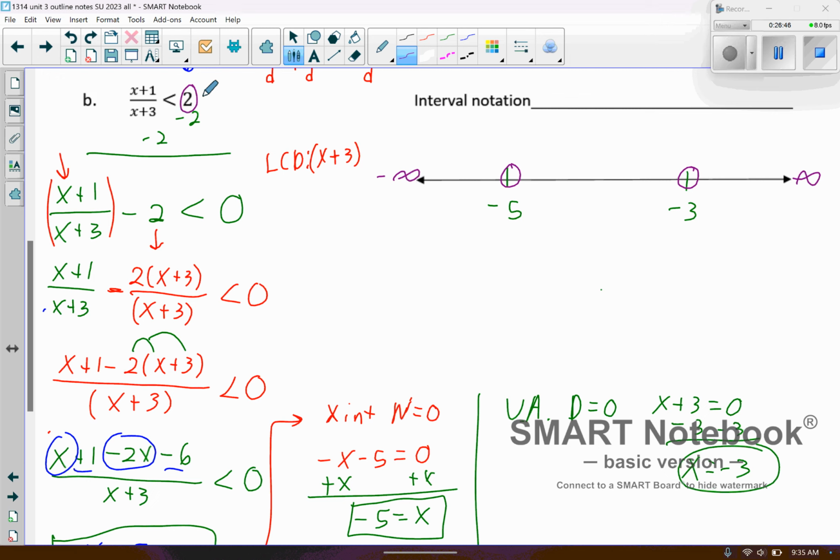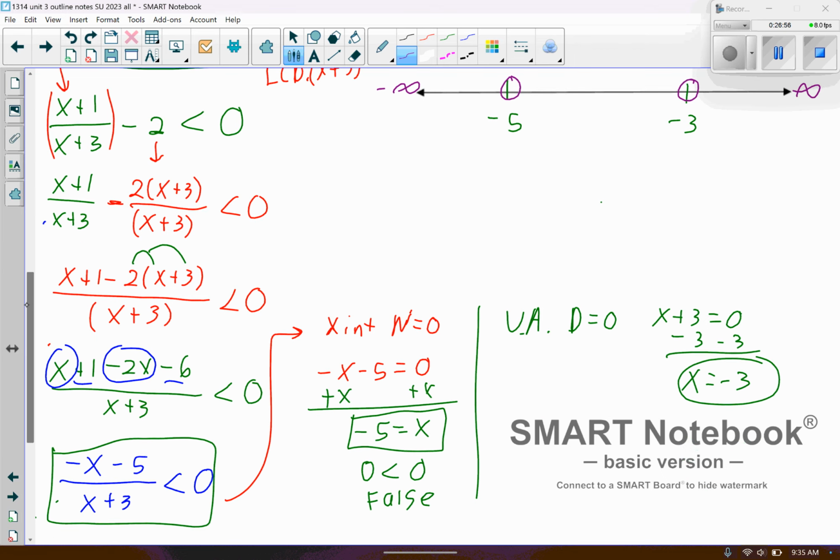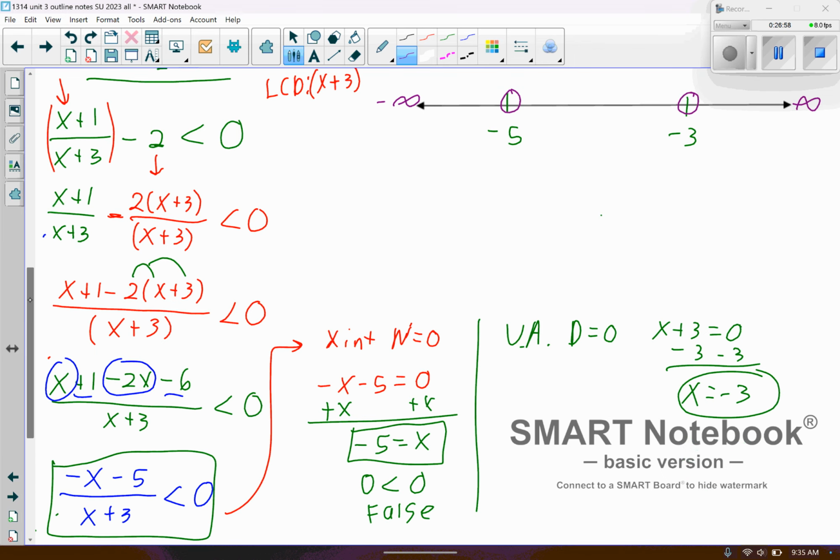You can plug it in the calculator and that's fine, it's not really that big of a deal. But plugging it into the one down here, it'll be a little bit more clear whether it's true or false. So that's the one I'm probably going to use.